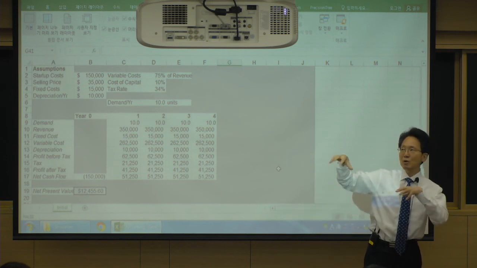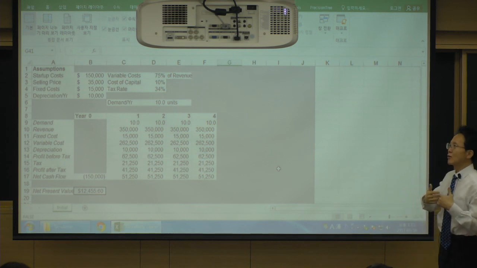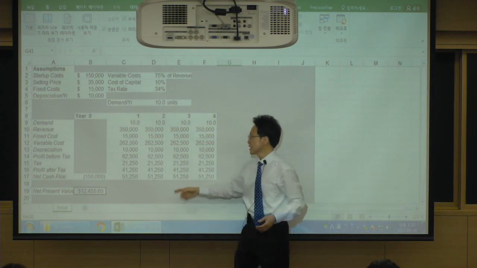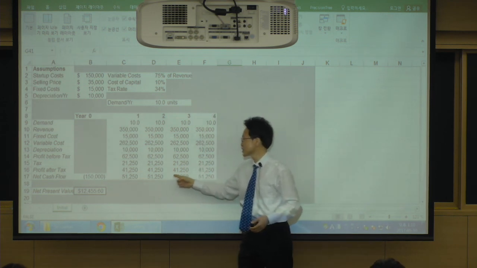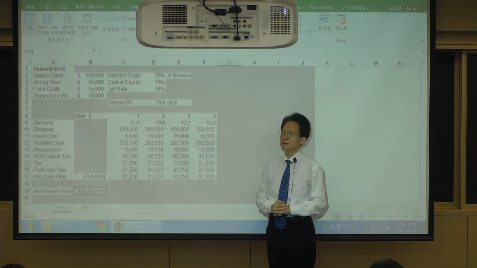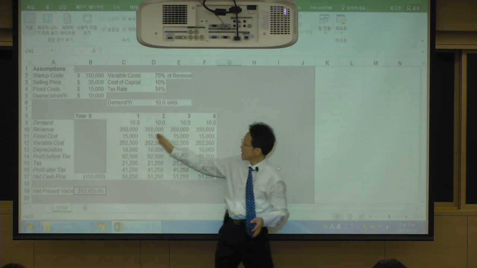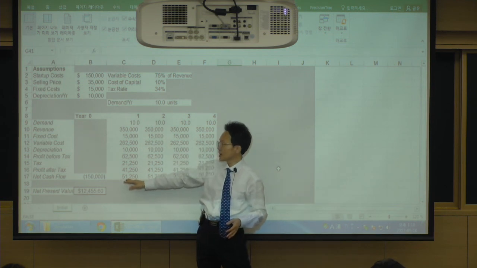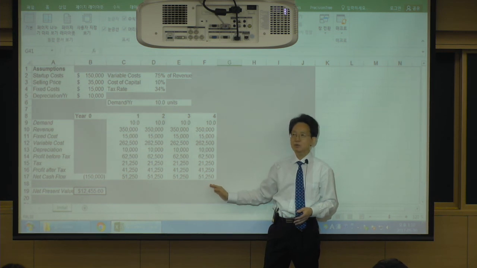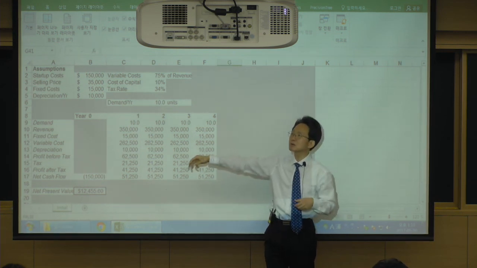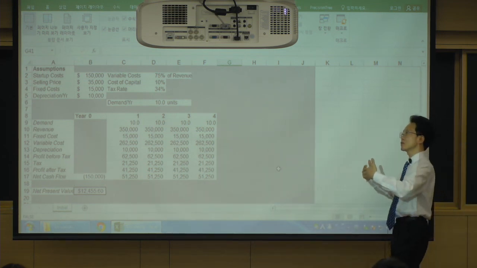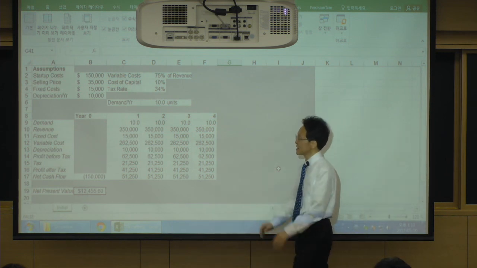So whenever we have money over a span of time, let's say for the next 4 years, even if the net cash flow is the same, the real value of each one of these cash flows is different, because this one is much more valuable than that one, right? Because the same amount in the future is less valuable, because over time I can earn some interest. So that's the basic concept.